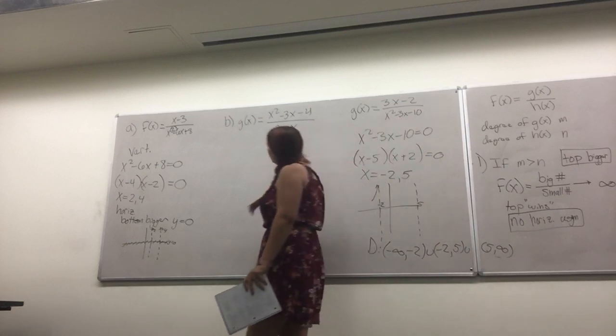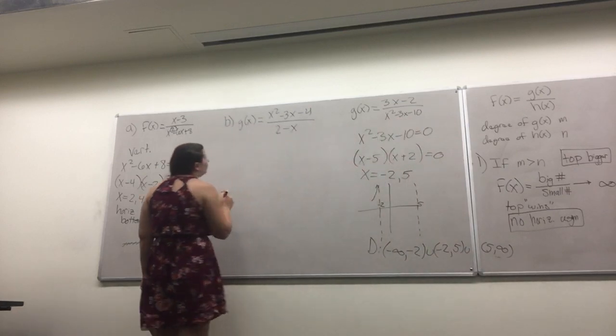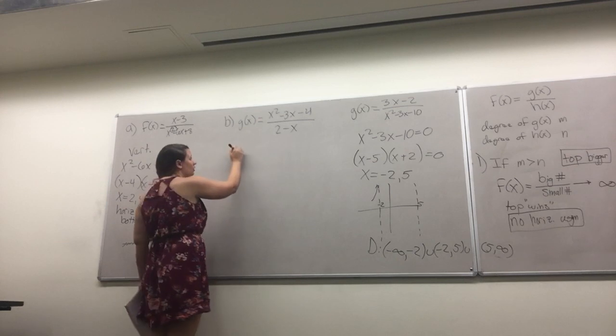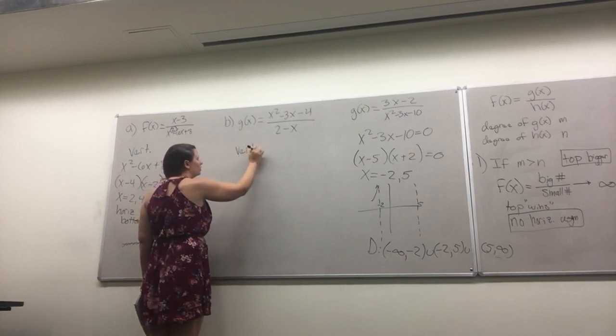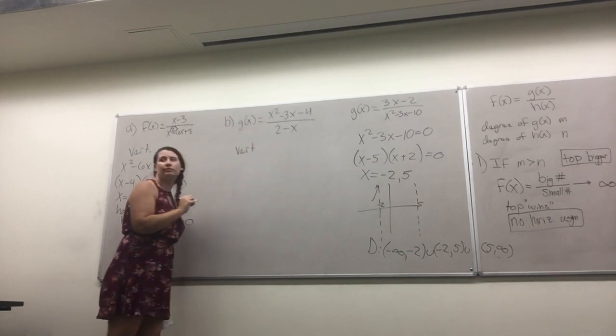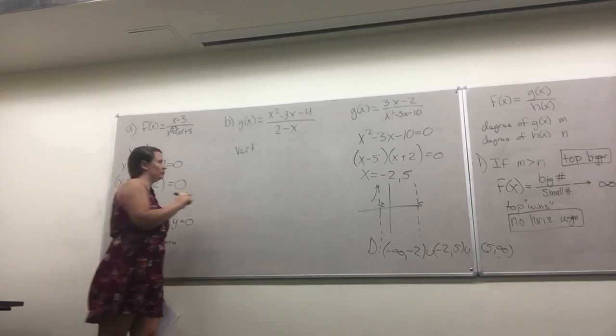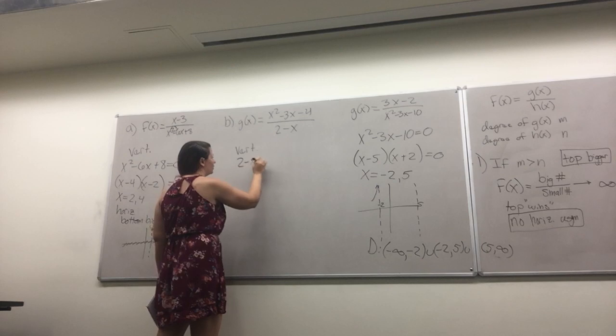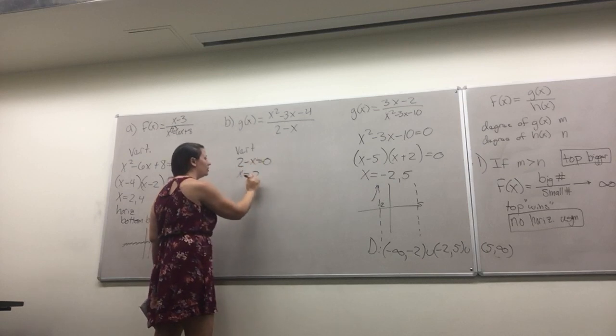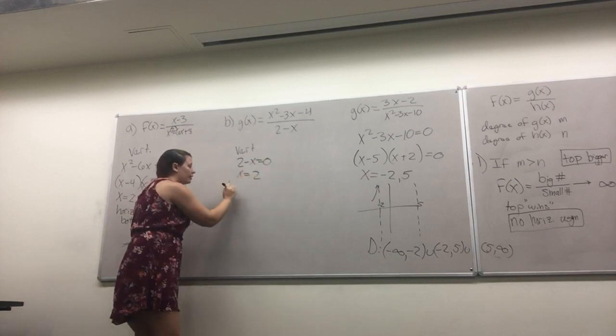So, start with the vertical. So 2 minus x equals 0, or x equals 2. Now the horizontal.